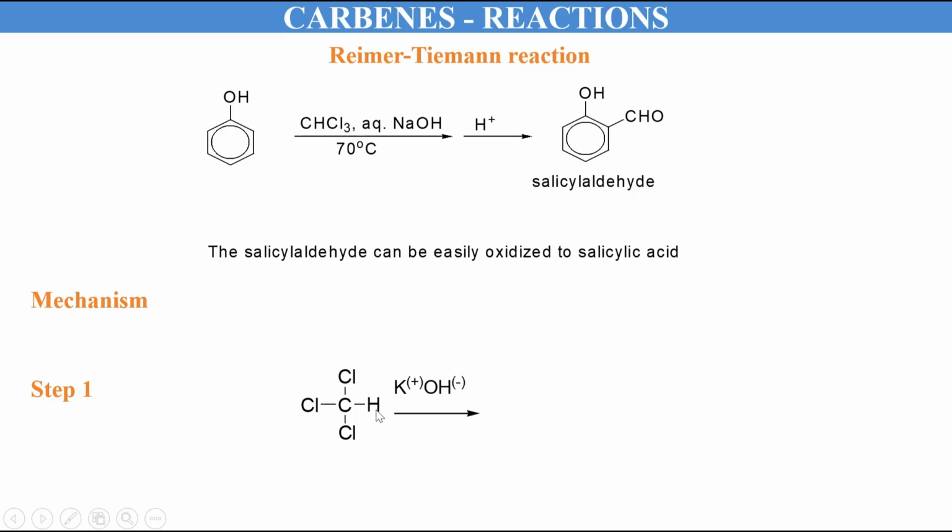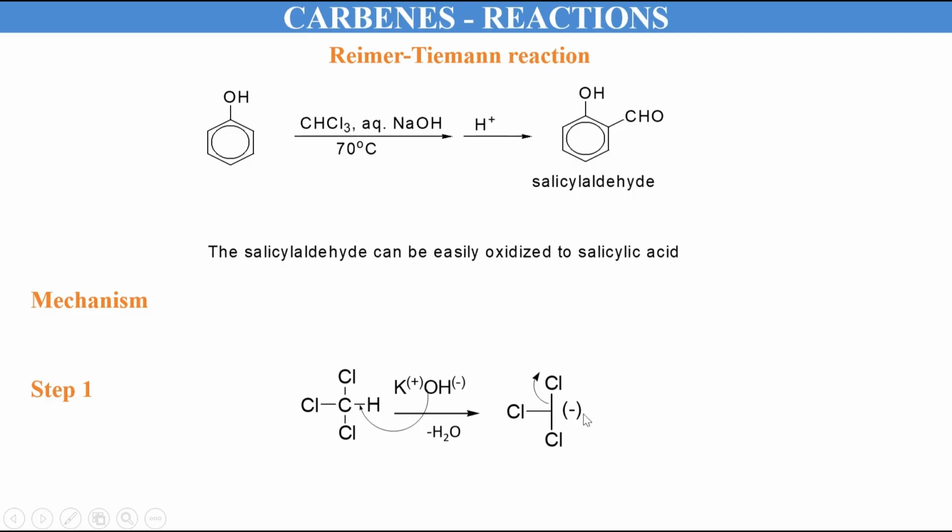OH minus abstracts the proton and it is lost as a water molecule. As the hydrogen leaves as a proton, its electrons remain on the carbon, which gives rise to a carbanion.